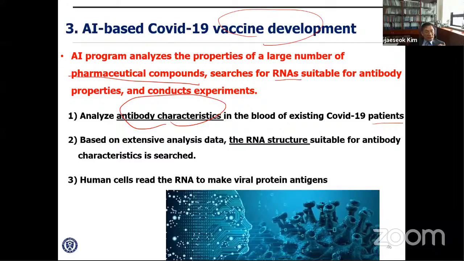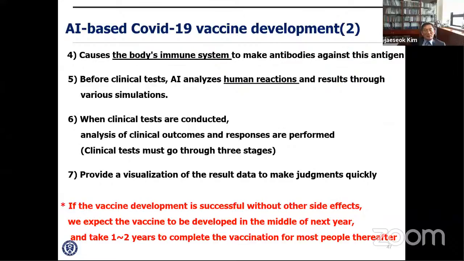Based on extensive analysis data, the RNA structure suitable for the antibody characteristic is searched. And then human cells read this RNA to make the viral protein antigen. The next step is to cause the body's immune system to make antibodies against this antigen.